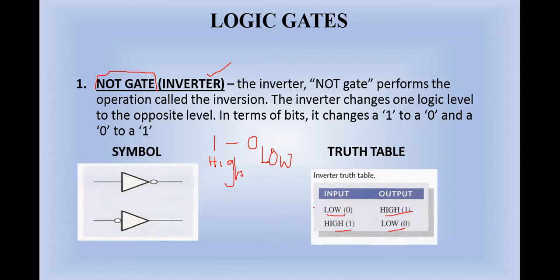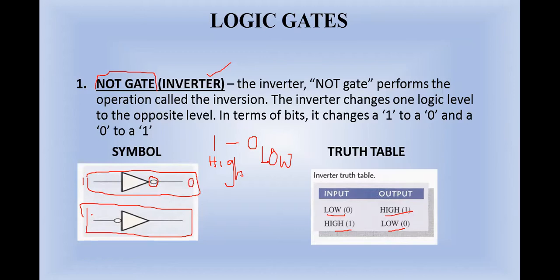The physical symbol of a NOT gate is given by this symbol. Equally, the Chinese use this other symbol. It has that small circle in front, and this is what inverts the input. If you enter a 1, when it comes here, it will be converted to a 0.